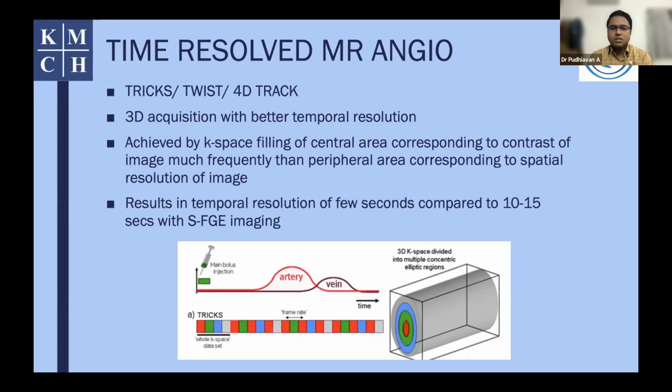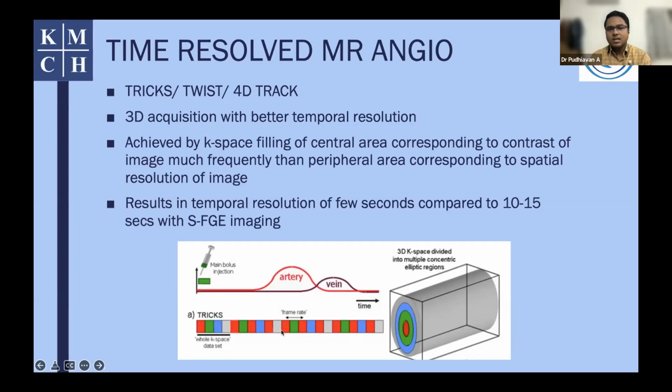So what we do is the center of the K-space is more frequently filled compared to the periphery of the K-space. Here you can see that the red is the data that goes to the center of the K-space, and the gray is the data that goes to the periphery of the K-space. And as you can see, the number of red data points is much higher compared to the gray data points.